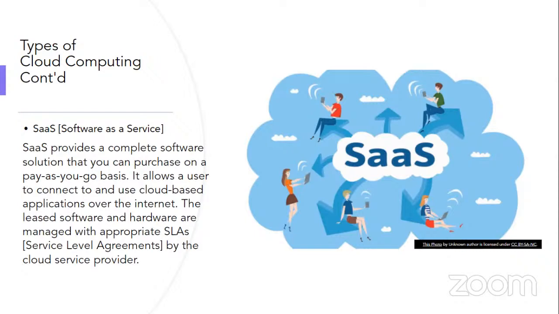Software and hardware are managed with an appropriate SLA, which is a service level agreement, by the cloud service provider. So I've run us through the major types of cloud computing, which are the service and deployment types.